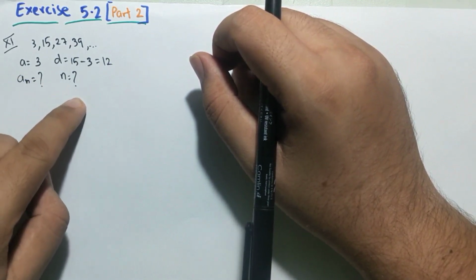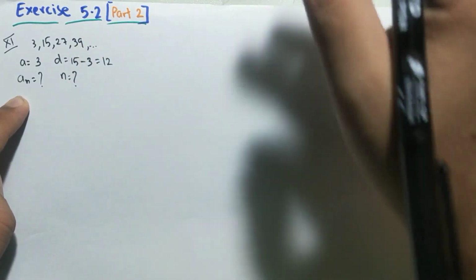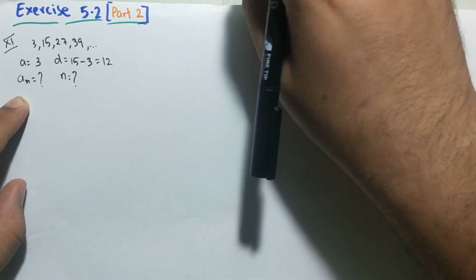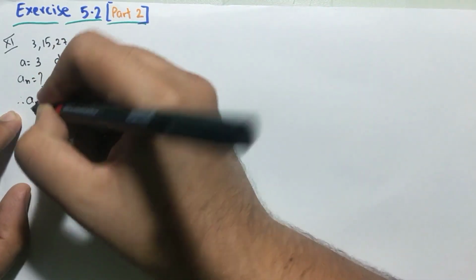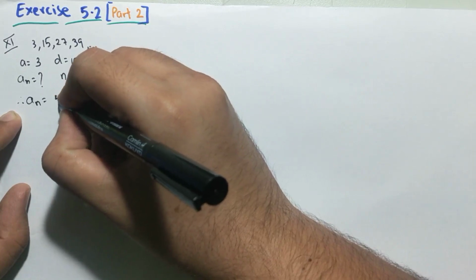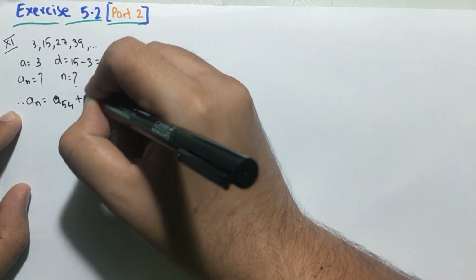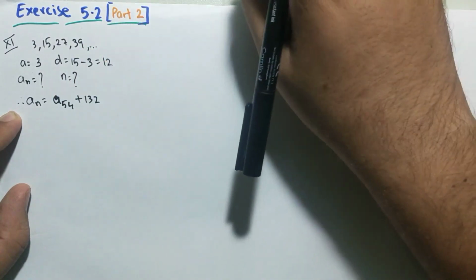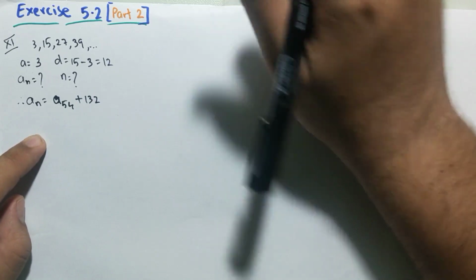Which term of an AP is 132 more than the 54th term? So an is that term which is 132 greater than the 54th term.